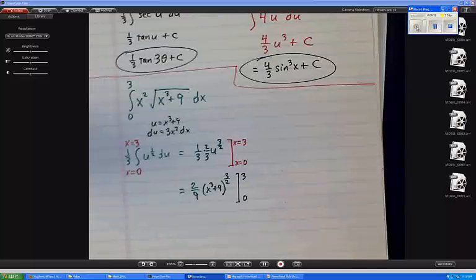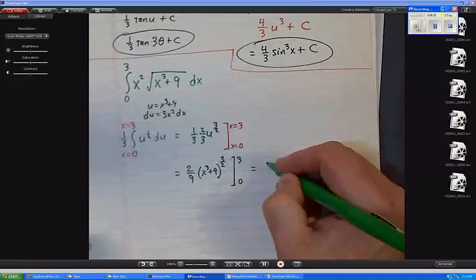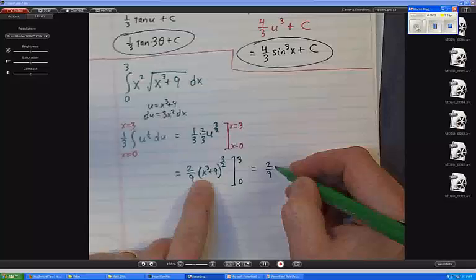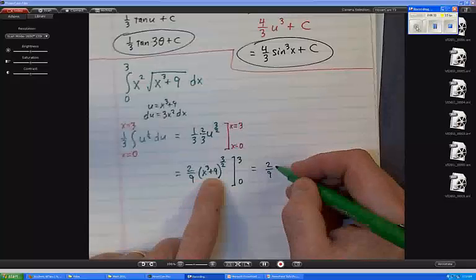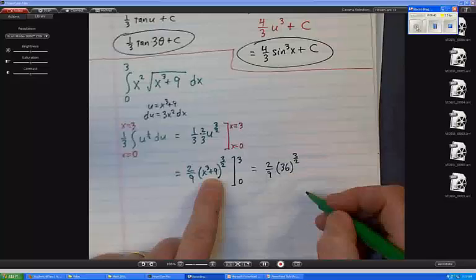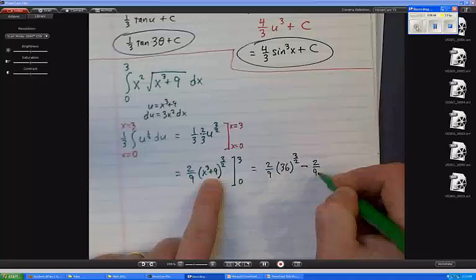So let's see what I get. I get 2/9 of, now when I plug in 3, what's 3 cubed? 27 plus 9, 36. That's actually a nice answer. I get 36 to the 3/2 power. That's something I can compute. Minus 2/9 of what to the 3/2 power?